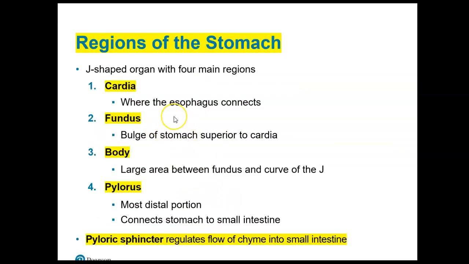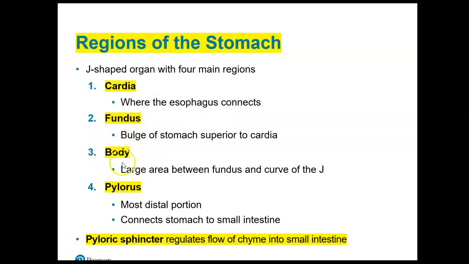Okay, there are 4 regions of the stomach. I'm just going to briefly go over those. The cardia is where the esophagus connects, and that's why we call that lower esophageal sphincter the cardiac sphincter. Then you have a region that goes up, superior to the cardia, called the fundus.